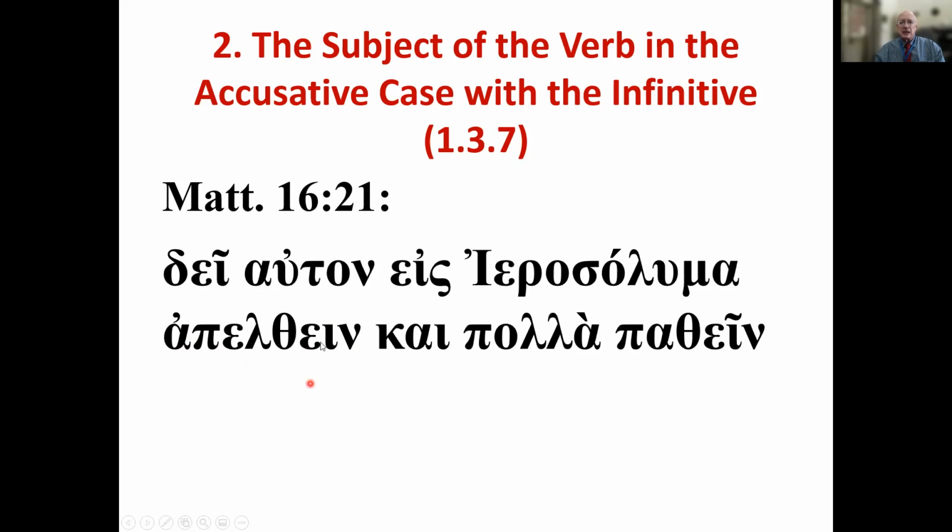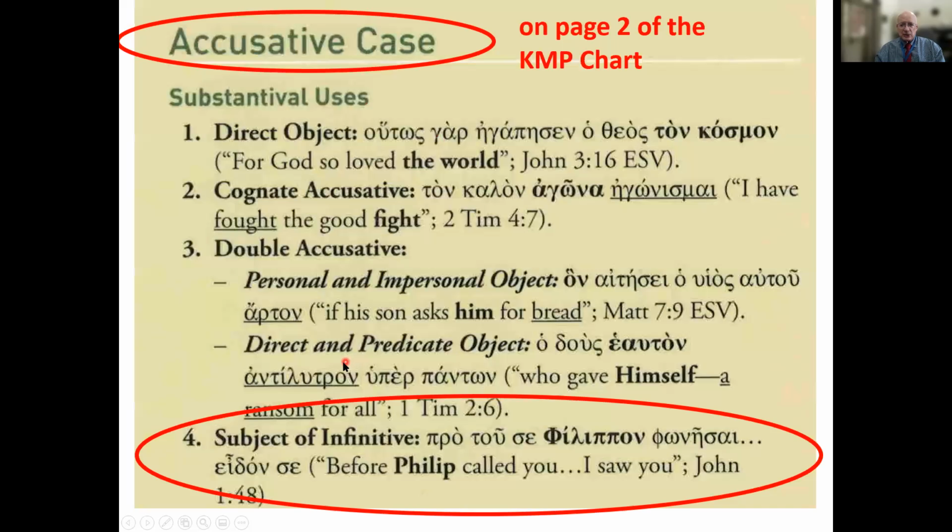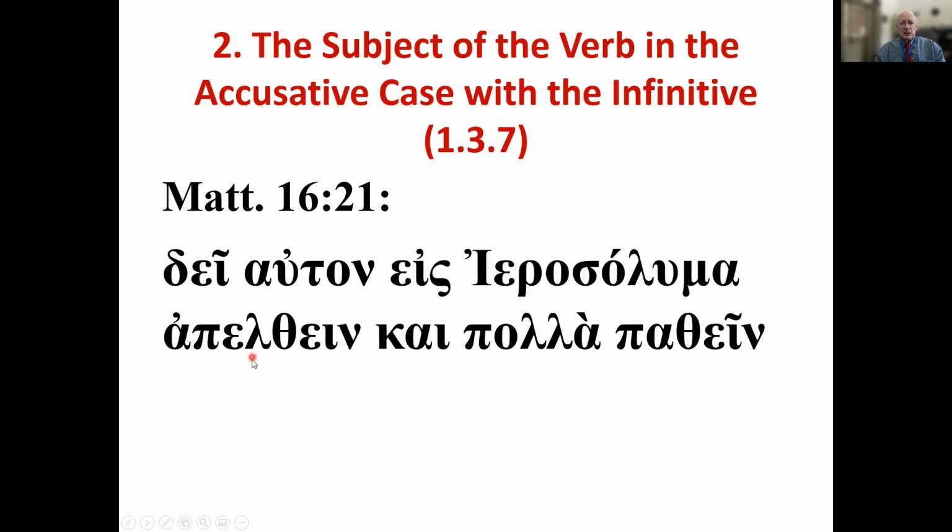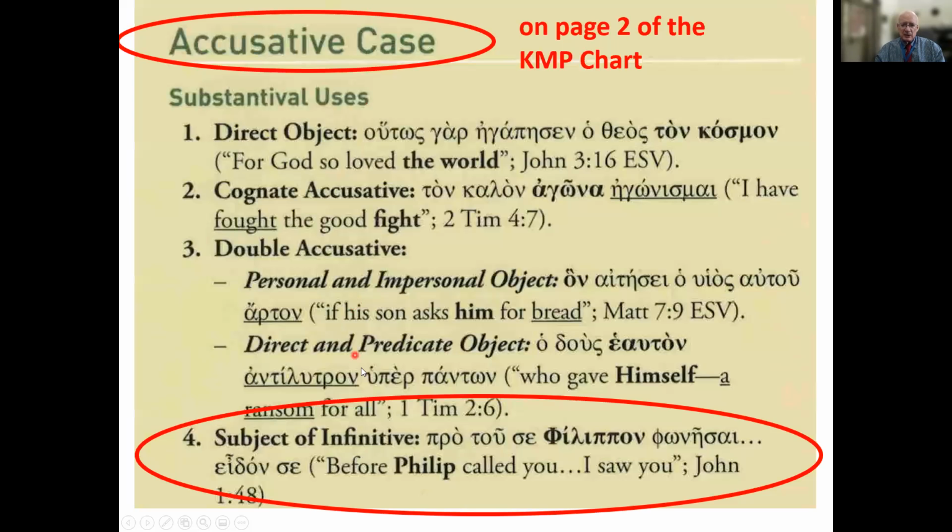It is necessary that he should go into Jerusalem, or unto Jerusalem, Hierosoluma. Notice that auton, which is in the accusative case, is the subject of the verb in the infinitive mood. So we would translate this actually into English using the indicative. It is necessary for him to go, that he go in, or he depart unto Jerusalem. He is the subject, even though it's in the accusative case.